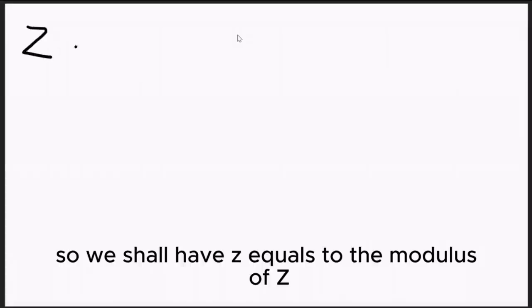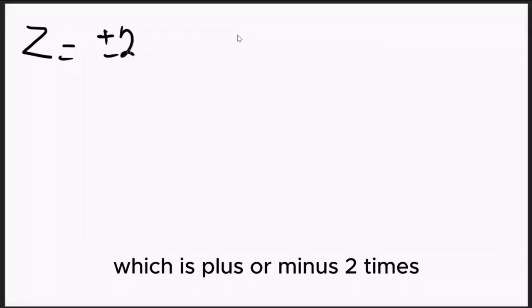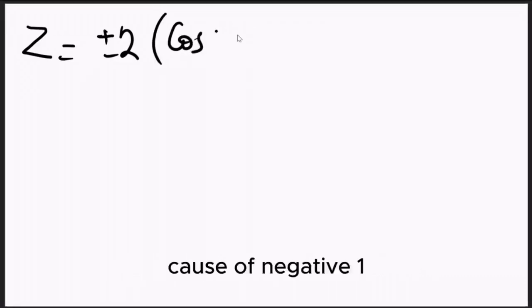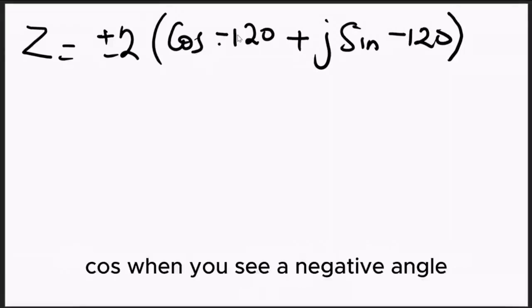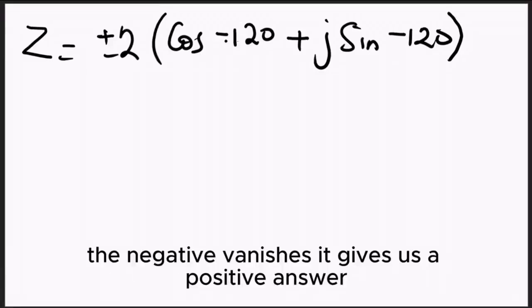So we shall have Z equals the modulus of Z, which is plus or minus 2, times cos of negative 120 plus j sine of negative 120. With sine and cos, when you see a negative angle, the negative vanishes for cos, giving us a positive answer.